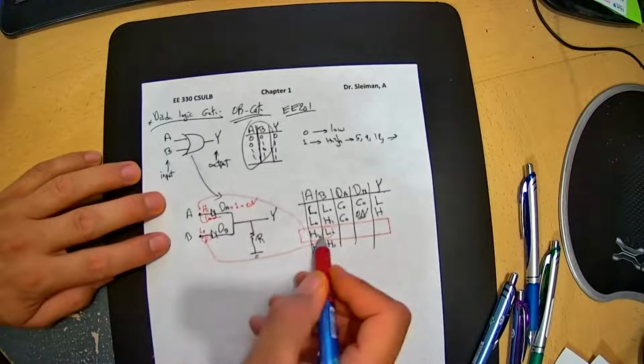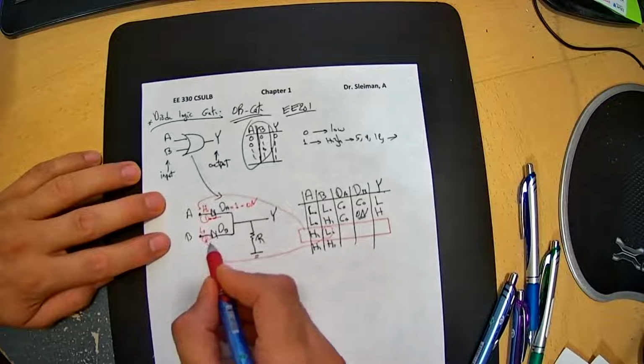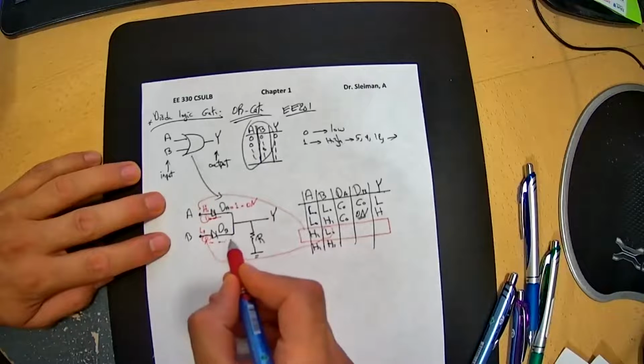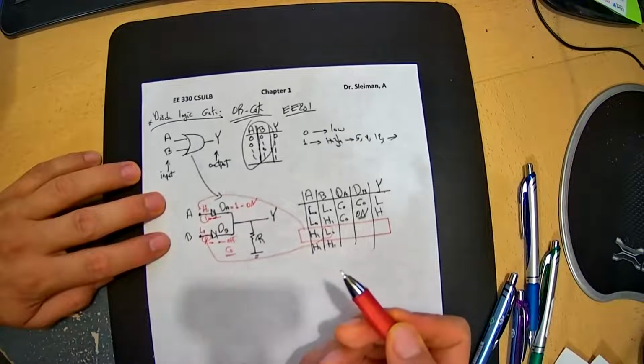And for B being low, 0, it acts as an open circuit, so it is off, which is the cutoff region.